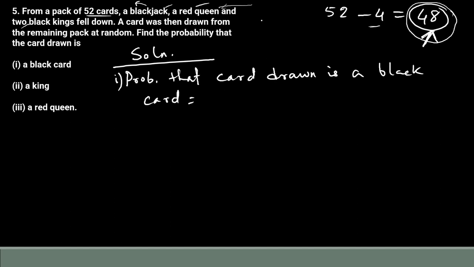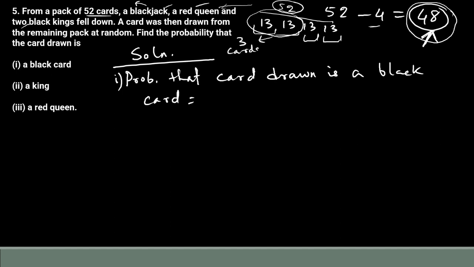And how many black cards should there be? In a deck, 13, 13, 13, 13. This 4 times 13 consists of the 52 cards, right? Out of that, two sets are black and two sets are red. So from the black cards, three fell down initially. These three cards are nowhere in the scope itself.